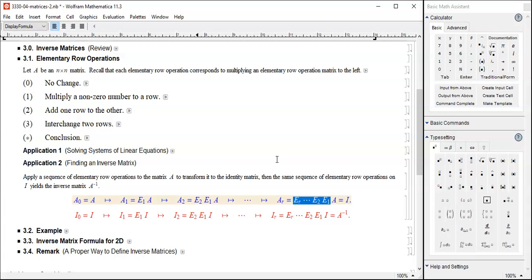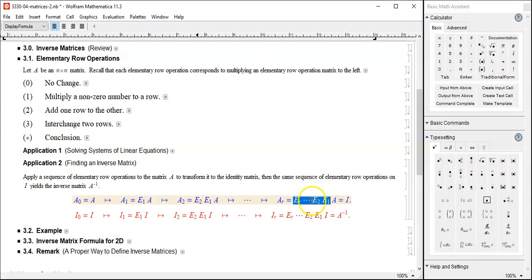And let's suppose that the resulting matrix is not just a row-reduced echelon matrix, but the simplest type of row-reduced echelon matrix, which is the identity. If that's possible, then this is the inverse matrix. You see, A inverse times A is equal to I.